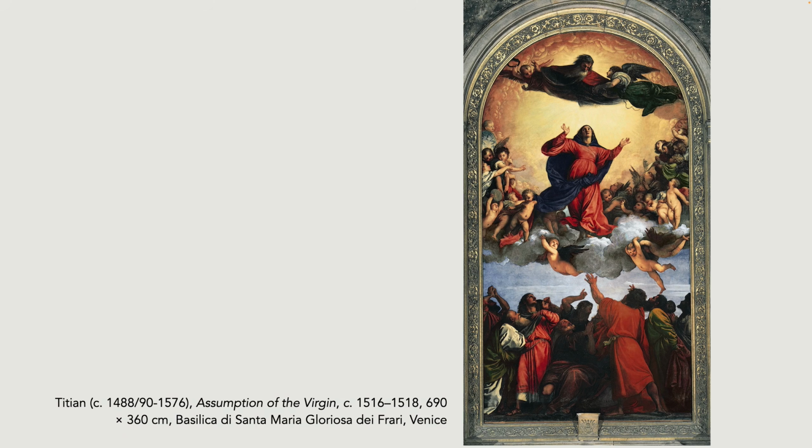Now Titian, his real name is Tiziano Vecellio, and it was Latinized to Titianus, and therefore in English simplified to Titian, was actually born in Pieve di Cadore, and during his lifetime he was usually called da Cadore, from Cadore.